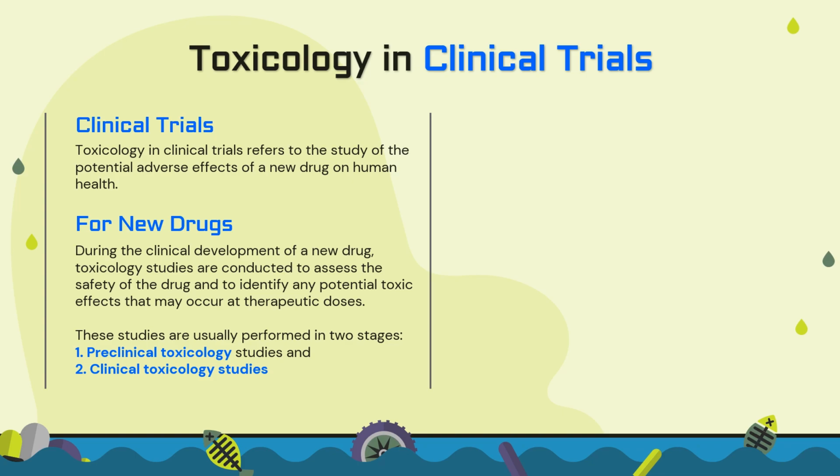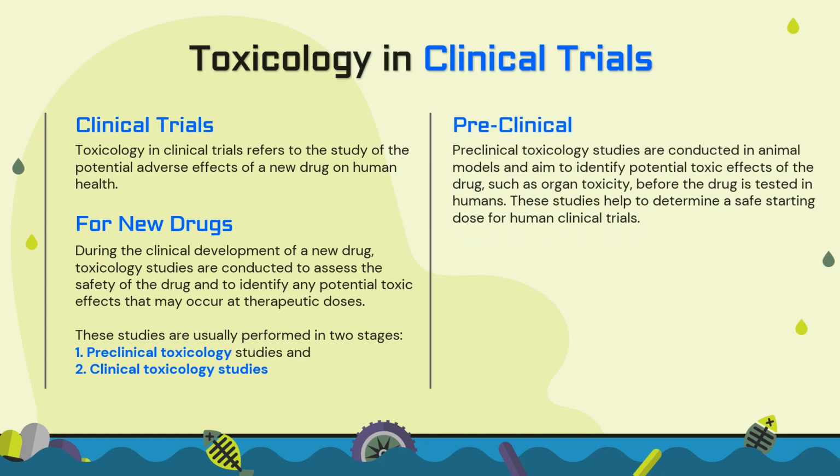And these particular studies are conducted in two stages. First is preclinical toxicity stage in terms of the cell culture, animal culture, and next is clinical toxicology stage where it is done in humans. Okay, so toxicology is not restricted to preclinical phase, but it is also carried out in clinical phase.